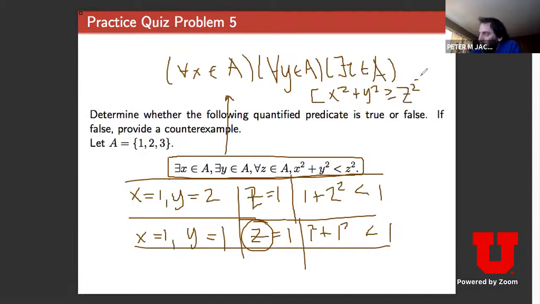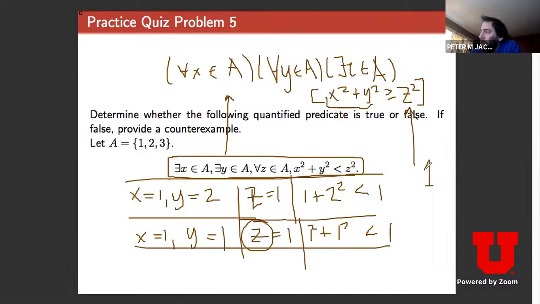All right. So what we can do is make z equal to 1, and then try every pair of x and y values. There are a lot of different pairs, so this is something for you to do on your own, but for every possible pair of x and y values, the sum of squares is always larger than 1.